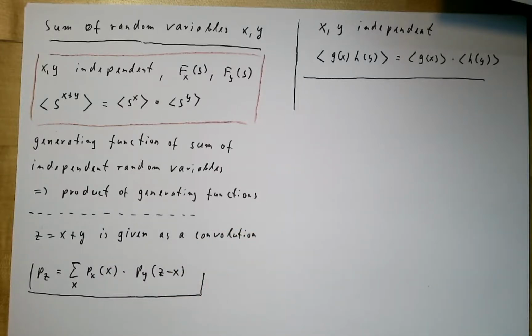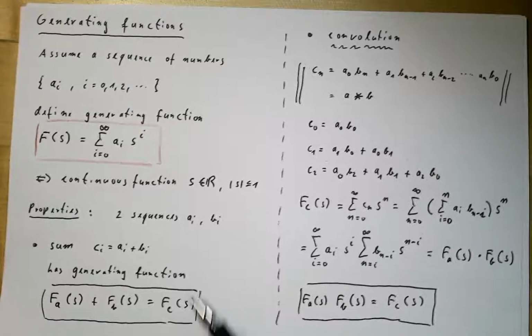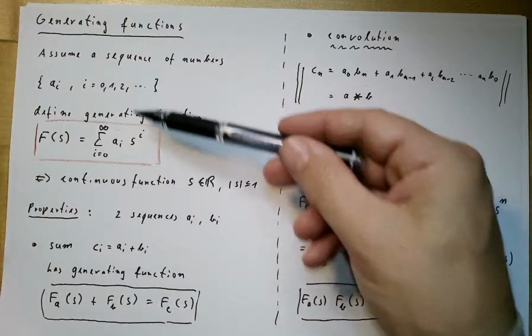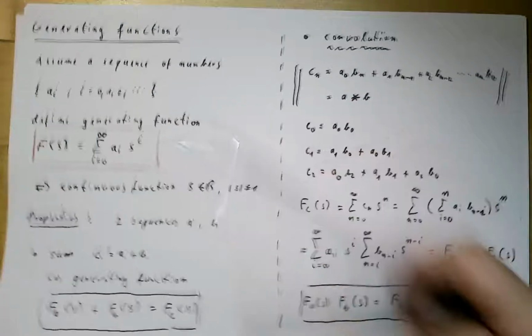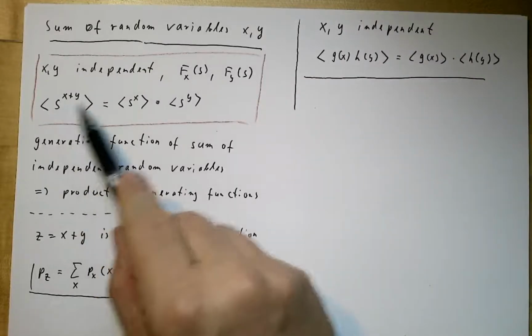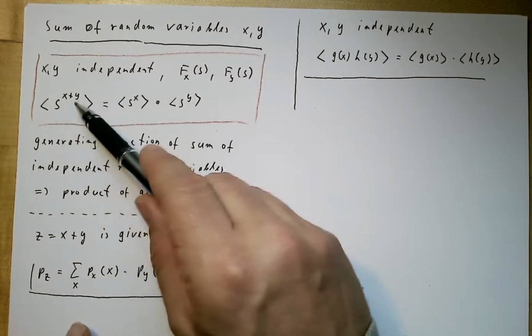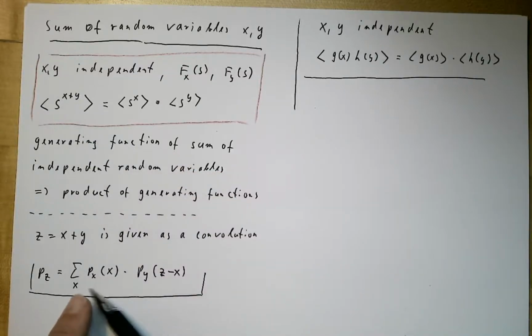This is something to think about when you apply these theorems for generating functions. You have to be very careful. What do you mean by a sum of these sequences? Do we mean a sum of the random variables, or the sum of generating functions of the probabilities? The sum of random variables corresponds to a product, or even a convolution, of probabilities.